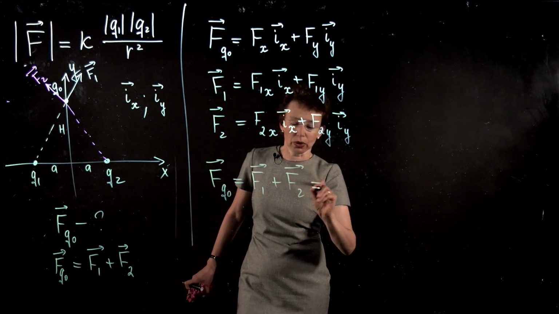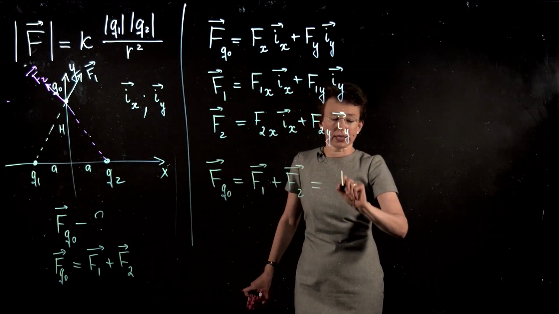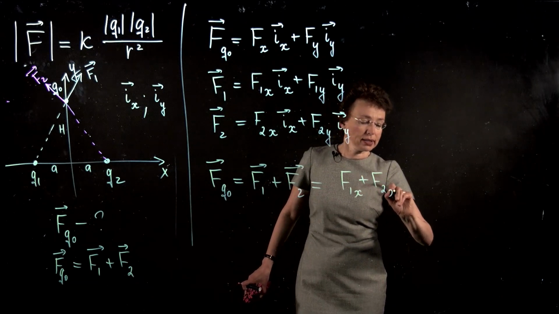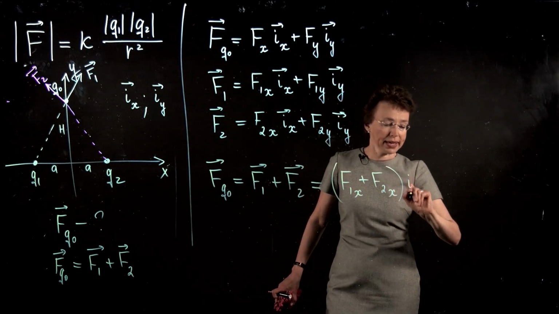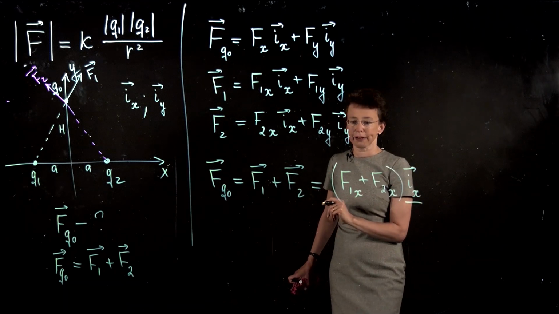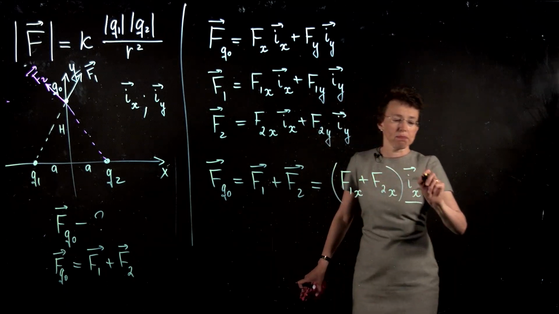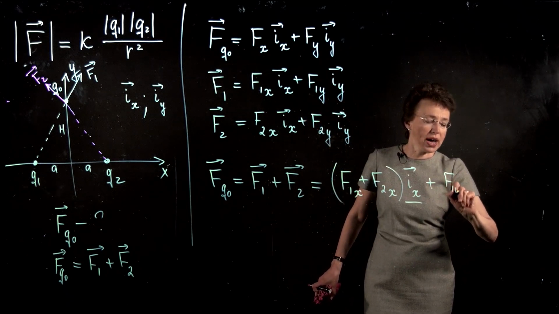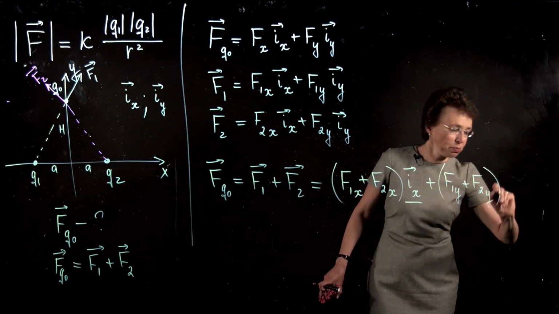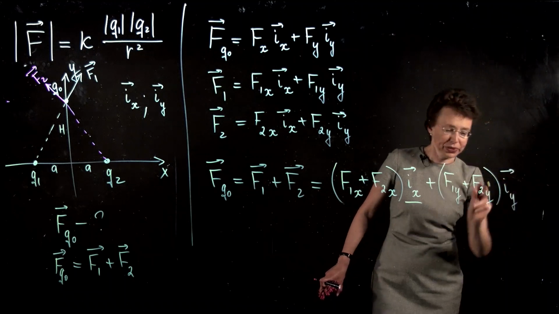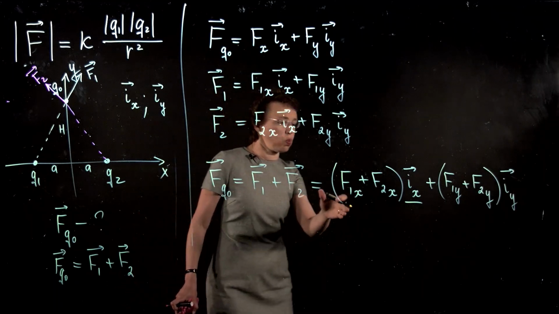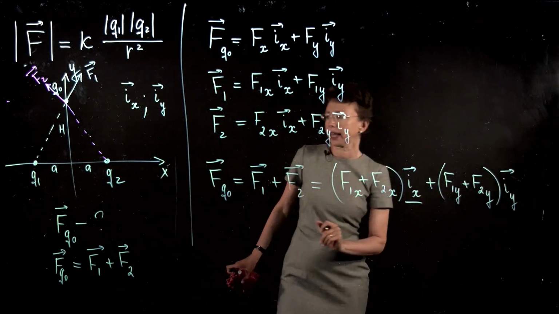We need to add x components of the resultant, F1x plus F2x, and this will be my x component of the resultant. I do not forget to put Ix here. And then I add y components. So it will be F1y plus F2y, and this will be Iy. This is y component of the resultant. So all we need to do now, we need to find F1x, F2x, F1y, and F2y.